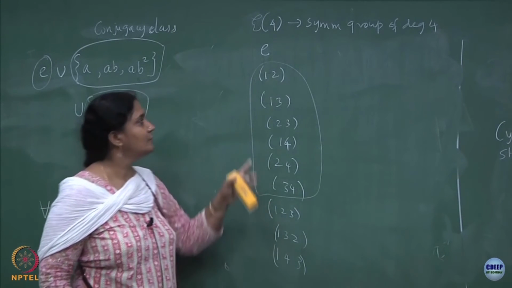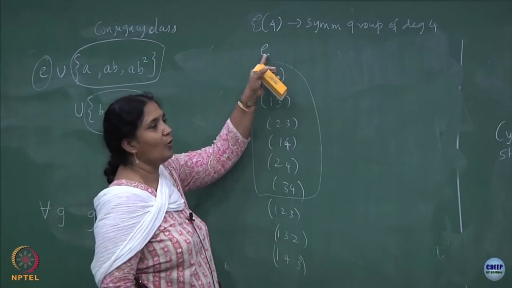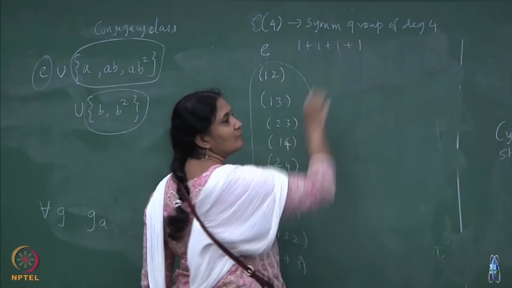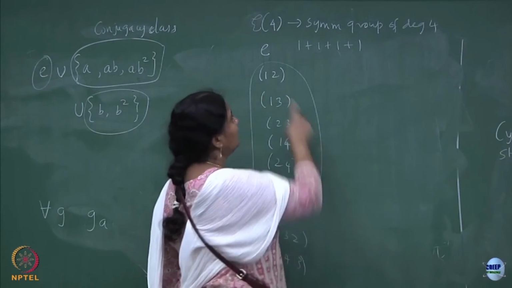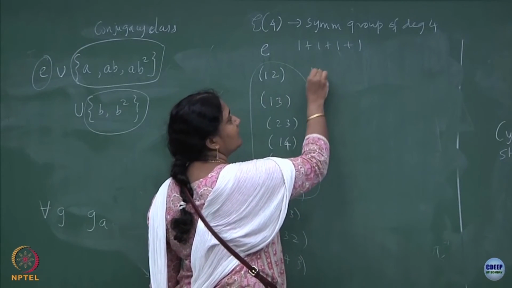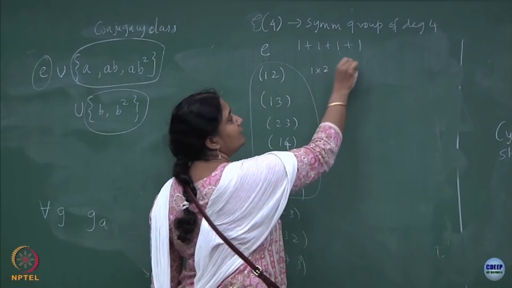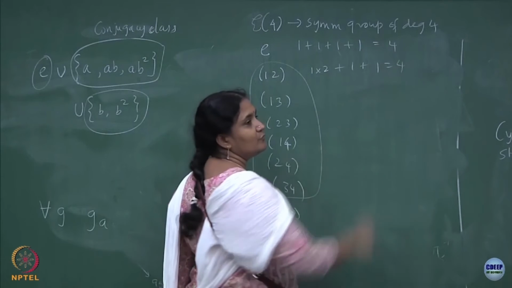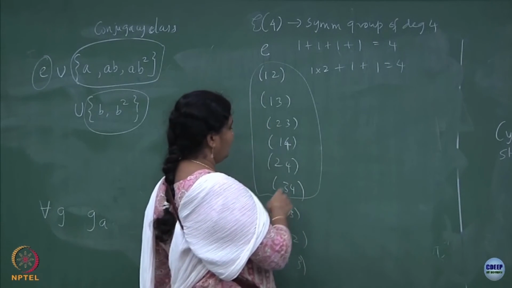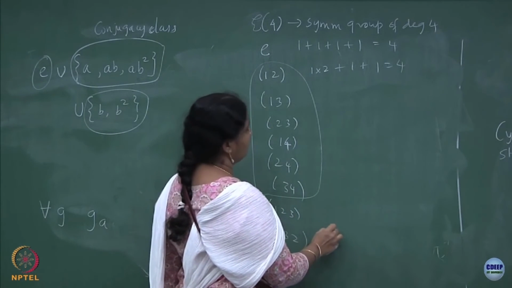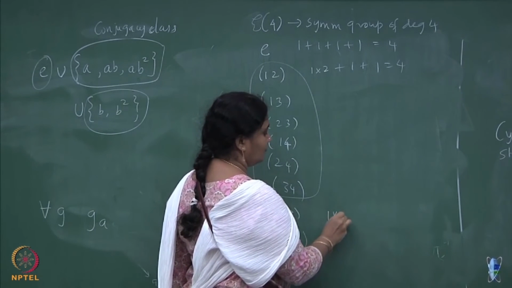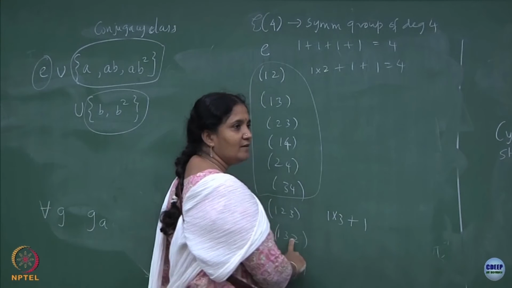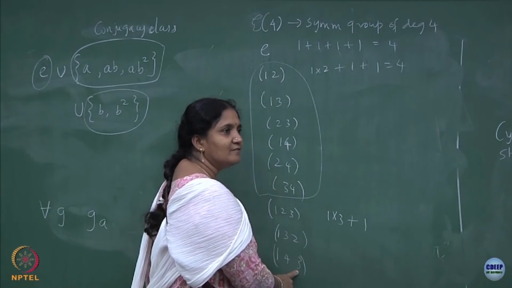Right. So, here it is, this means what? There are 4 1 cycles. This means what? There is 1 2 cycle and 2 1 cycles. This should add up to 4, this should add up to 4. What does this mean? This is 1 into 3 plus 1 1 cycle, right. The 1 cycle I never mentioned.